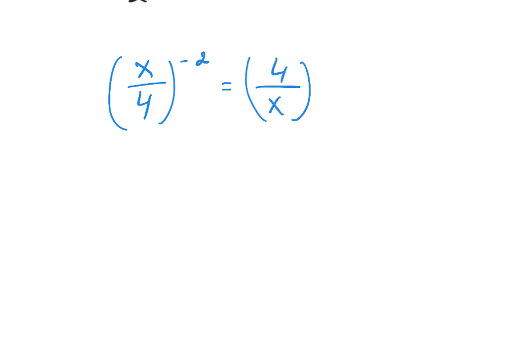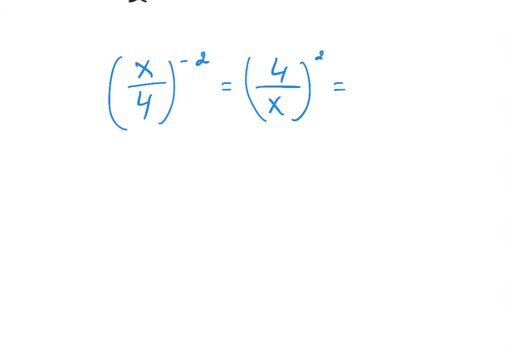All right, so what if we have x over 4 to the negative 2? In this case, we're going to flip the fraction. We change x over 4 to its reciprocal, which is 4 over x, squared.